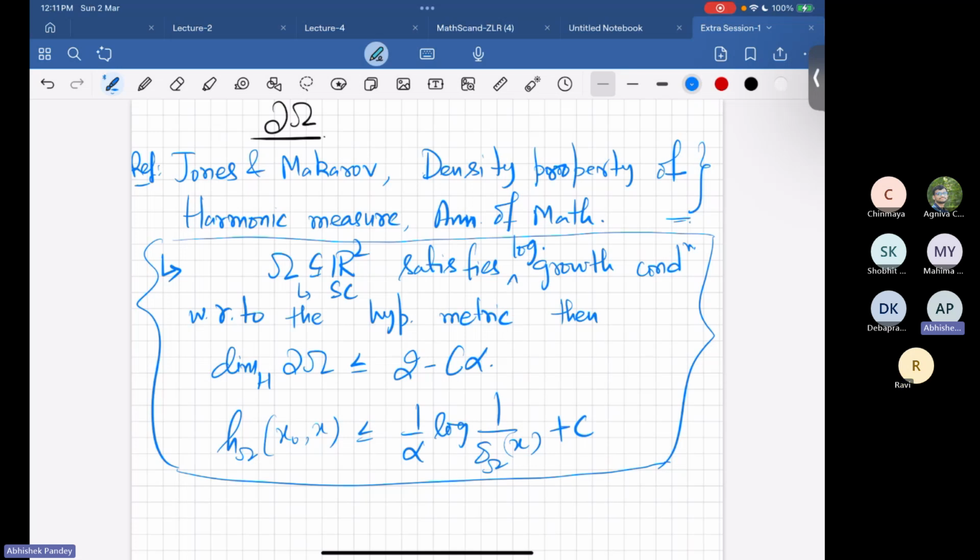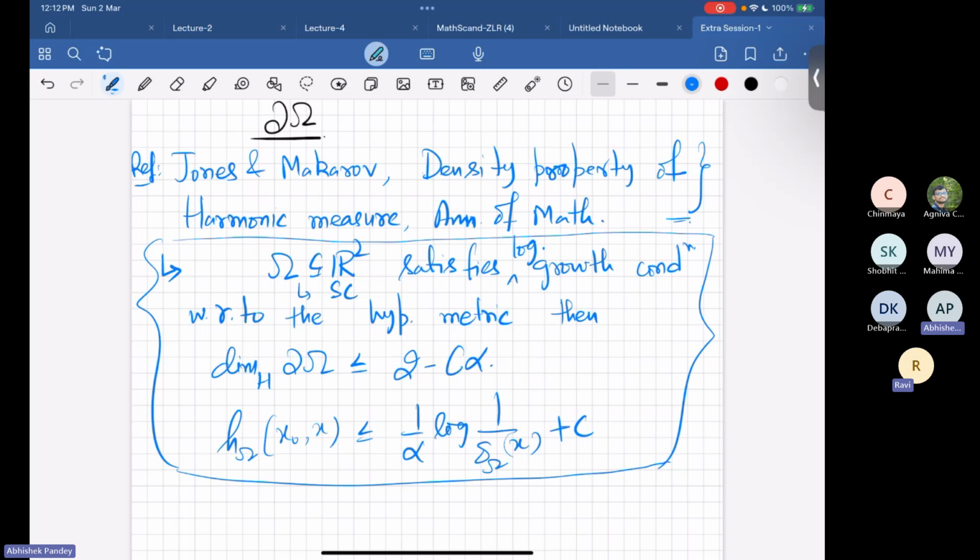But in that case, every convex domain will be Goldilocks because the other condition will. No, wait, not every convex domain is Goldilocks, the second condition will fail. I am saying that for convex domains in Cn the Kobayashi metric will satisfy this log growth. I think so. Yes, I also think so.